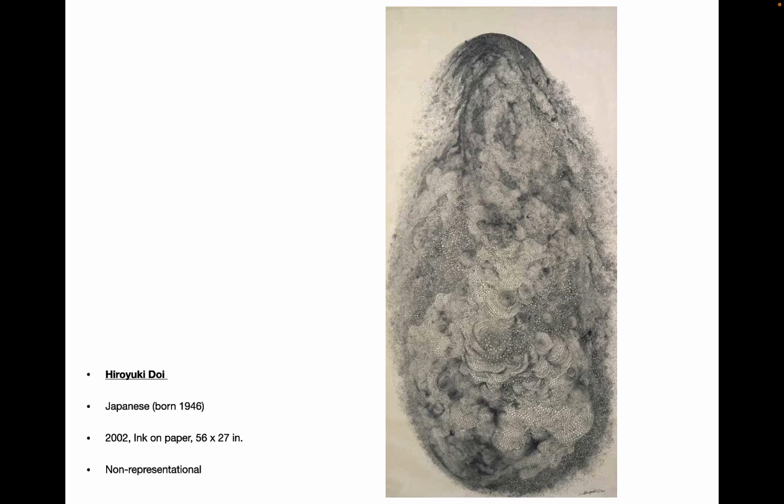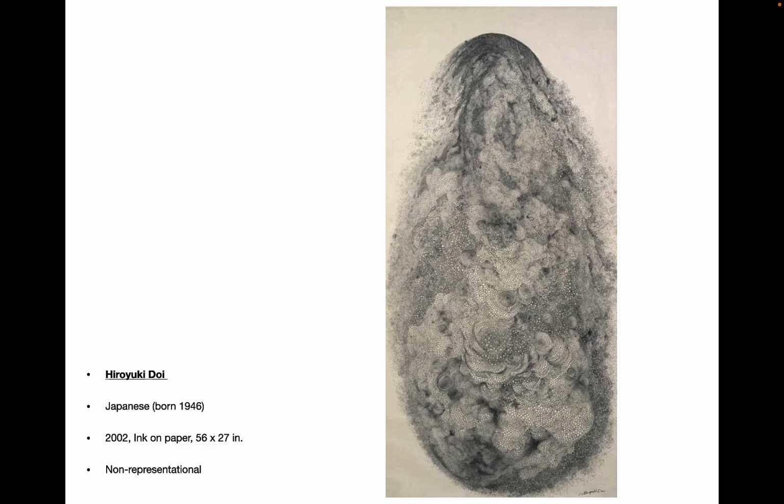This is not really having to do with our project, but I just love this ink on paper drawing from 2002, to show you what ink is capable of. I don't know where I first saw this, on some art blog or something, but it always stands out to me as just a very impressive technical use of the ink.